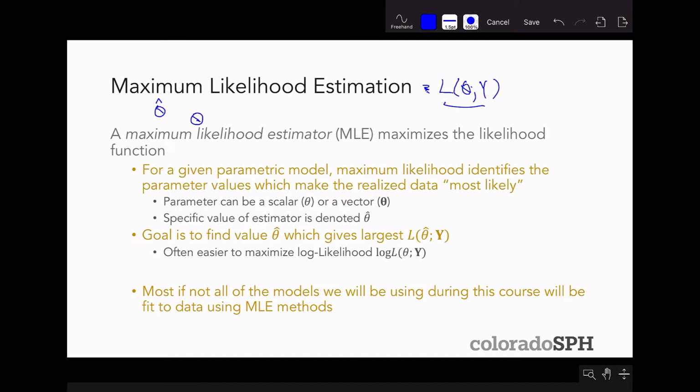And so the goal of MLE, or maximum likelihood estimation, is to find the value theta hat which gives you the largest possible value of the likelihood function. And as you will see, it's often easier to maximize the log likelihood function rather than the likelihood function. Maximizing the log likelihood will give you the same theta value as maximizing the likelihood directly. So in practice, what we often do is maximize the log likelihood instead.